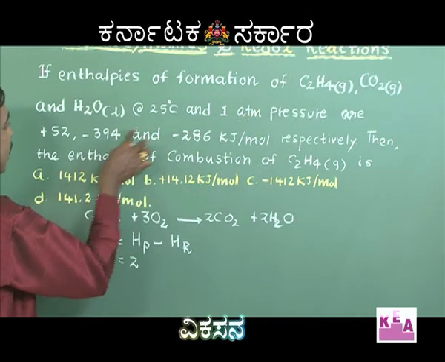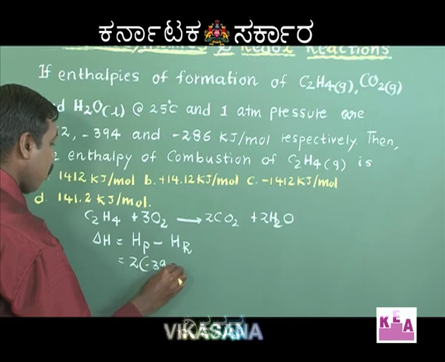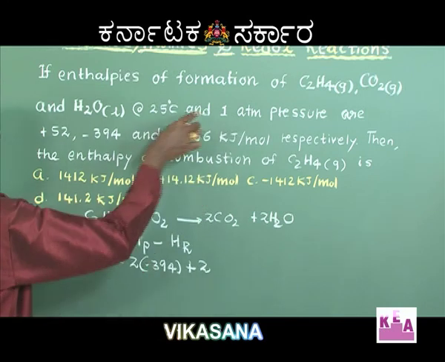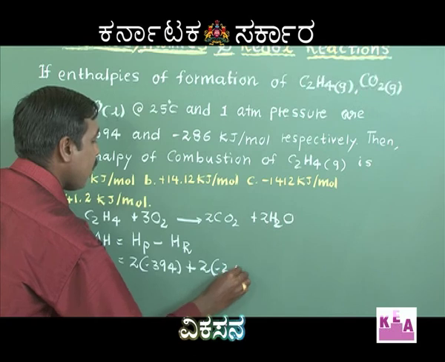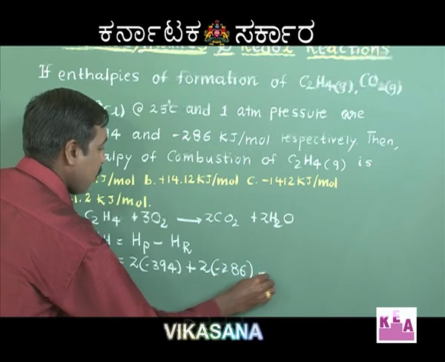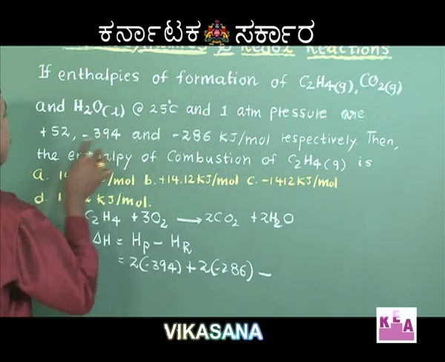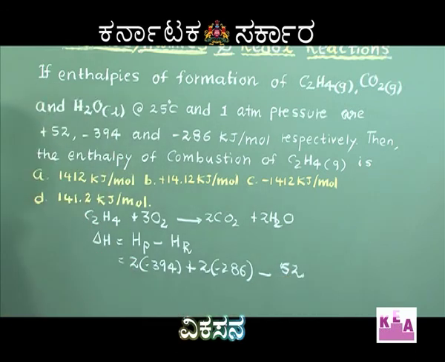The second one is minus 394. I am writing minus 394 plus 2 times that of water, the enthalpy change for water is minus 286, minus, for ethene, the value happens to be plus 52. For oxygen it is not given. Enthalpy change for that in the standard state is regarded as 0, so we do not need to search for it.